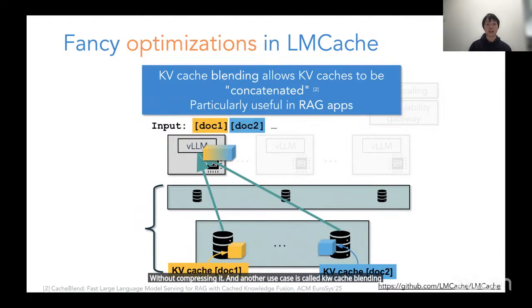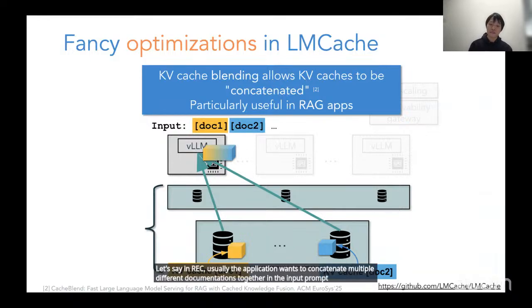Another optimization is called KV cache blending, which allows the KV cache to be concatenated together, and which is particularly useful in RAG applications. In RAG, usually the application wants to concatenate multiple different documents together in the input prompt.